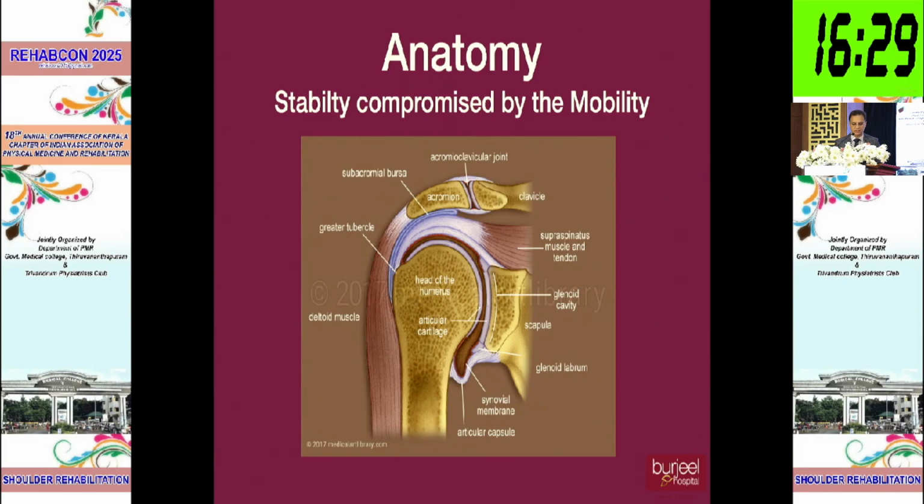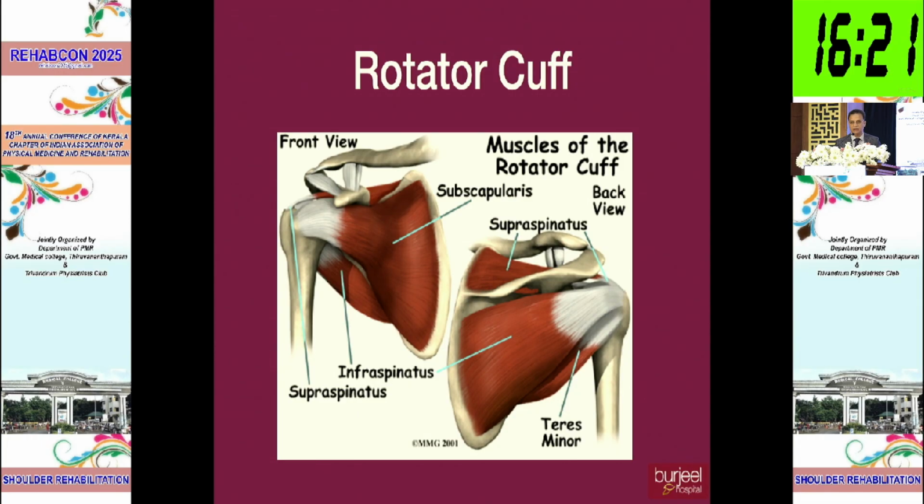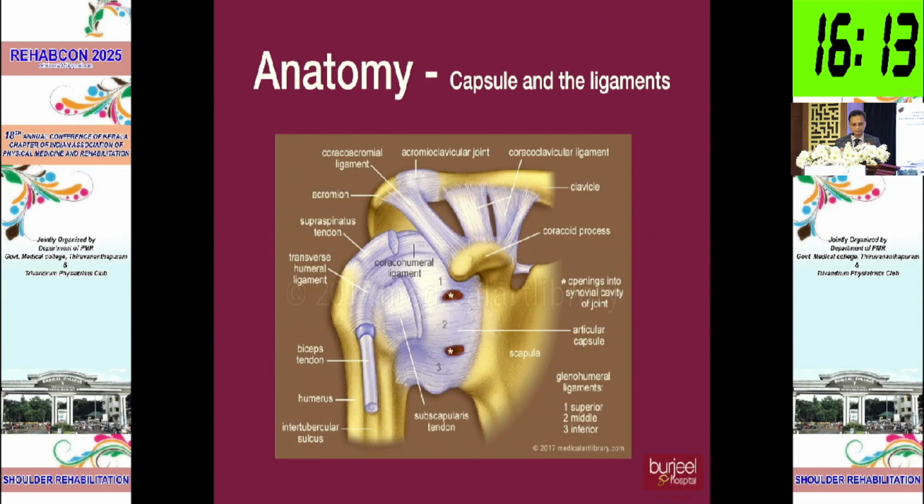This is a simple anatomy. The outermost muscle is the deltoid. Then you have the rotator cuff muscles. I'm just going fast. And the biceps long head also plays some role in the shoulder. There are some ligaments contributing, and another major thing is the glenoid labrum.